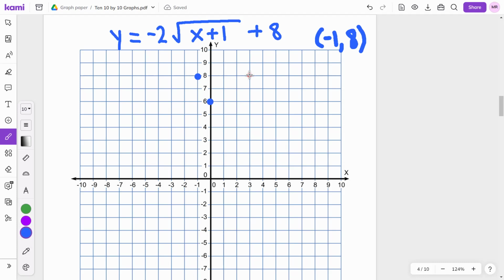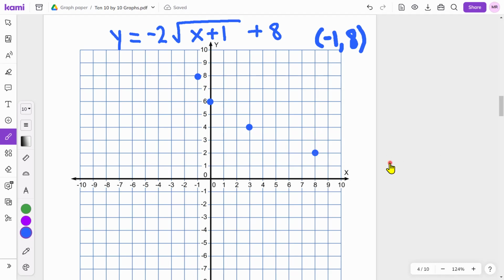Square root of 4 is 2, times my negative 2 is going to be a negative 4. From the starting point, I'm going to go out 9. The square root of 9 is 3, times it by that negative 2. I'm going to go negative 6.